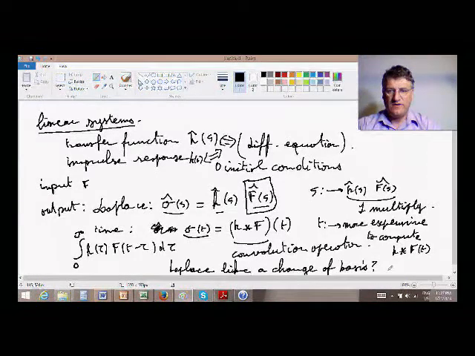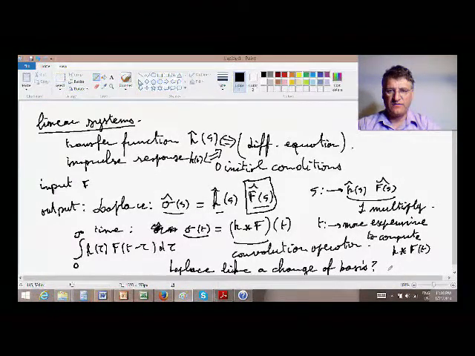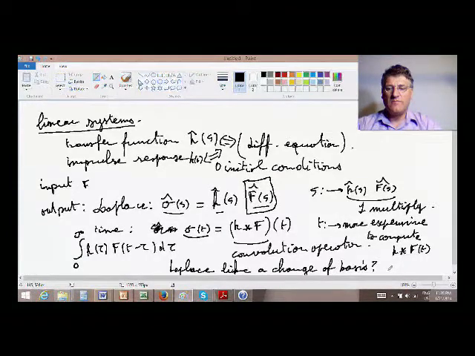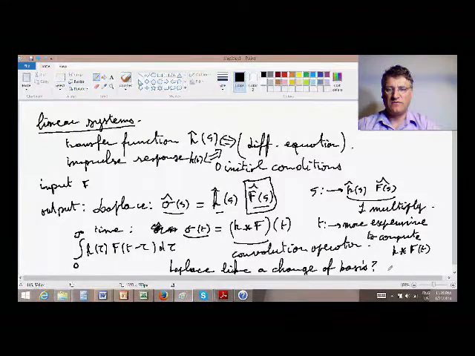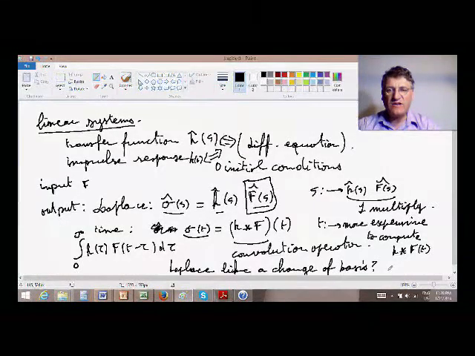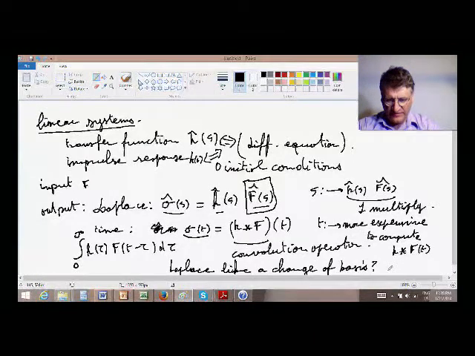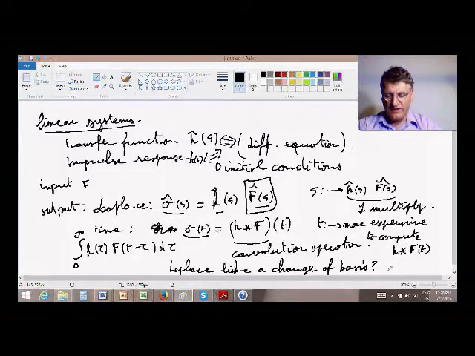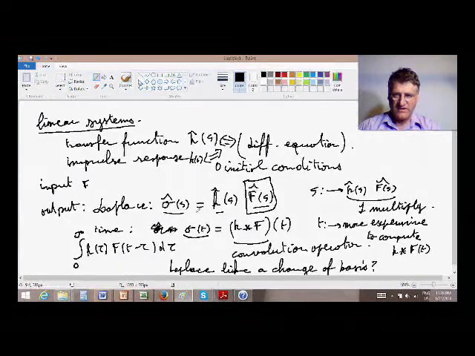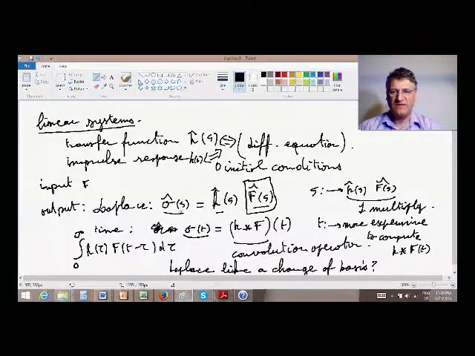If it is, then we can draw a direct parallel with the fact that for finite dimensional systems and vectors, there are bases such as the eigenvector basis, for which it is much easier to compute the effect of a given matrix A on vectors than in the original canonical basis. Here, that would be what happens in the original canonical basis, and that would be what happens in the new basis.